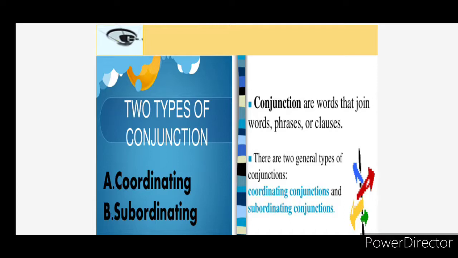So there are two types of conjunction. Yes, we all need to understand that conjunctions are of two types: coordinating conjunction and subordinating conjunction. So conjunctions are words that join words, phrases, or clauses.